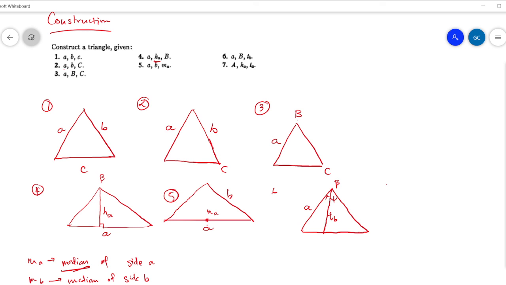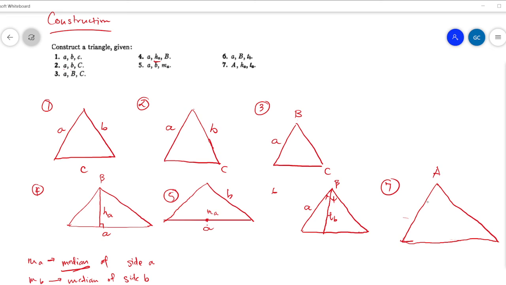And for the last one, number 7, if we have here A, H, A, T, A. So what we need to do here is let's just draw a triangle. Okay. Draw a triangle.